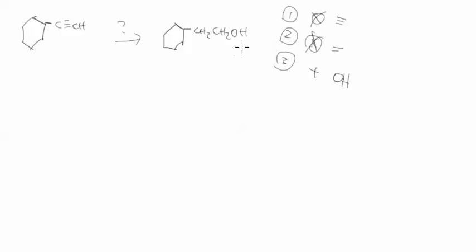However, look at the position of the OH group here. The OH group is at the end of the carbon chain. So I'm going to put that in parentheses. It's at the end, which means a terminal alcohol. And there's really only one way that we can put the OH group at the end of a molecule.